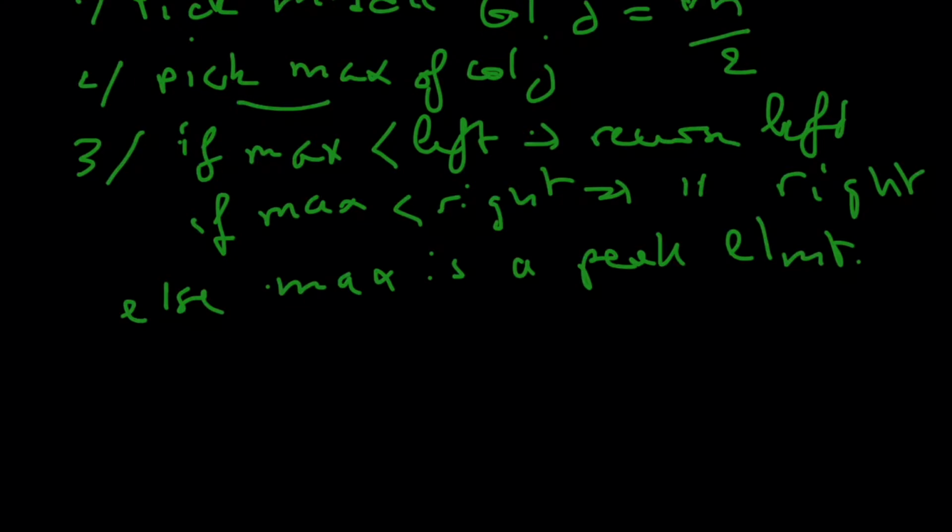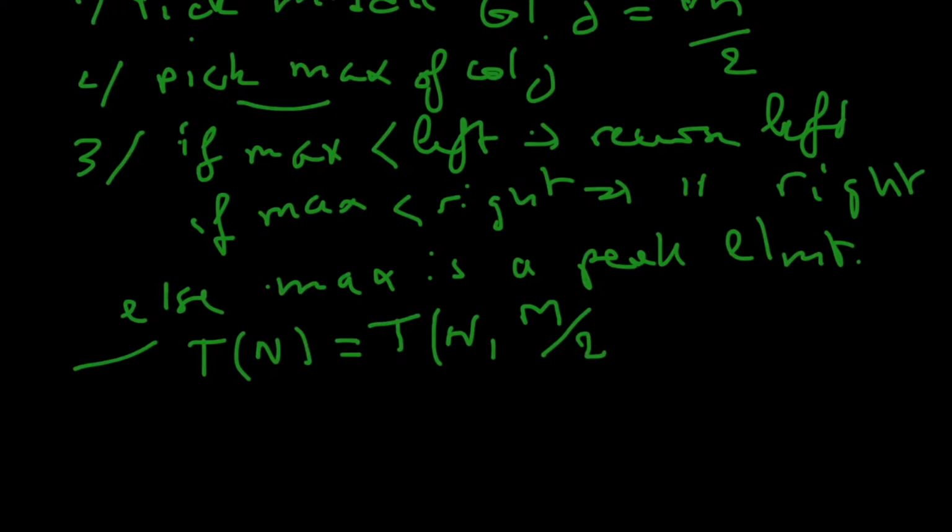So let's look at the complexity of this for a second here. So the complexity is T of n. We divide the problem by 2: the rows are unmodified, but the columns are reduced by half. So we have m columns, so we divide by 2.